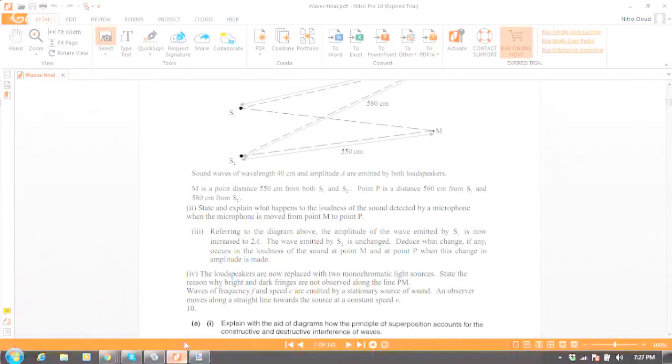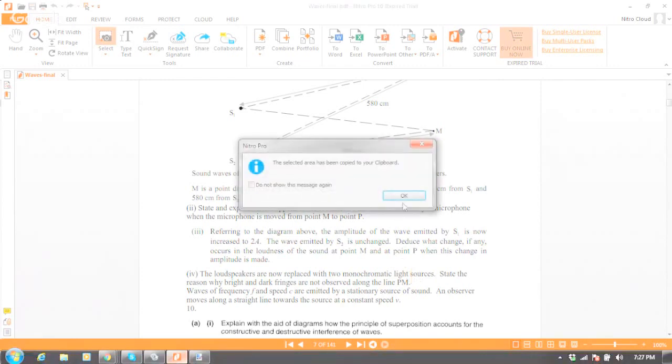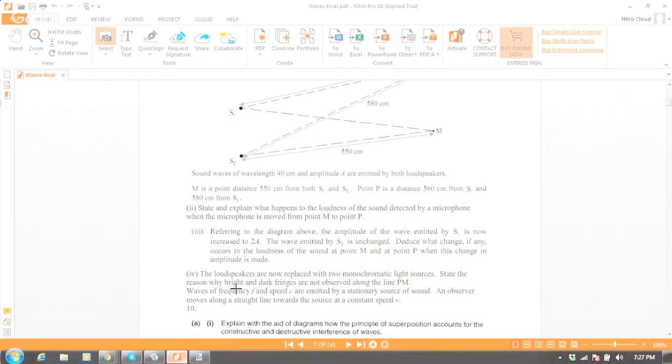Then part 4: the loudspeakers are now replaced with two monochromatic light sources, and state the reason why bright and dark fringes are not observed along the line PM. So in place of loudspeakers we have put two monochromatic light sources.